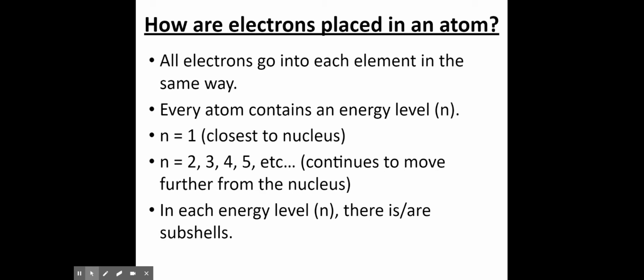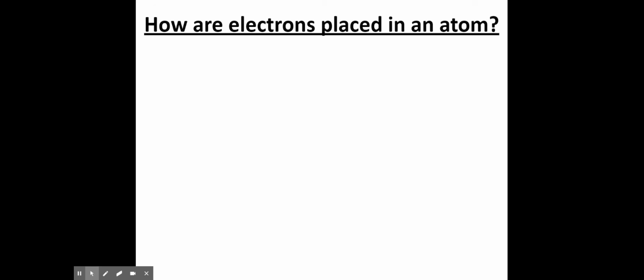But wait, there's more. Along with the principal energy level, there are subshells within each principal energy level. And they get their names from history, the study of spectroscopy. Today, we don't bother with the names that they came from. We just use the letters.